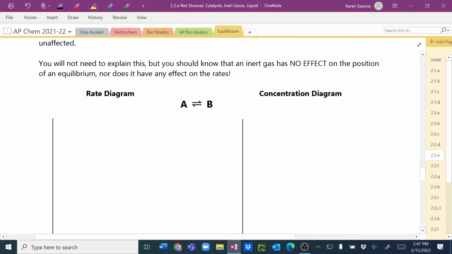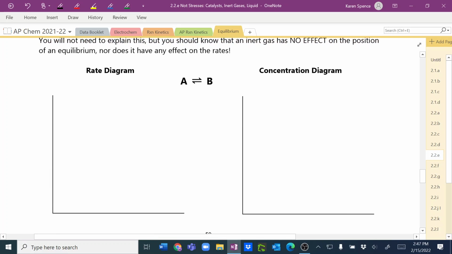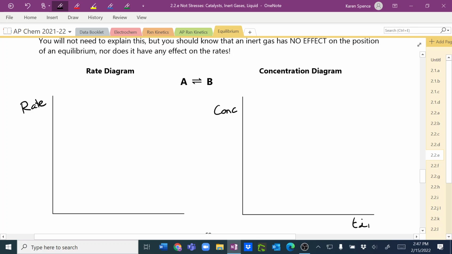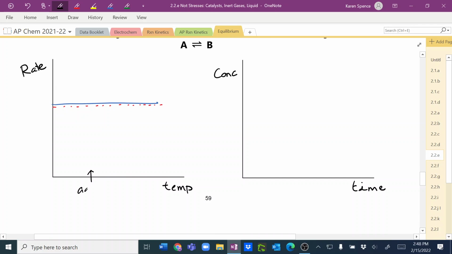Okay, so rate diagram for an inert gas. Concentration diagram for an inert gas. These are so exciting. What do you think is going to happen here? Absolutely nothing. Right? Here, we add an inert gas.